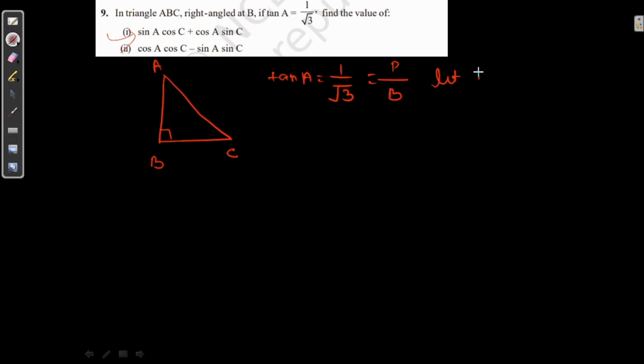So we can let perpendicular is 1 and base is root 3. Meaning for angle A, this is angle A. This side is perpendicular, so it is 1, and this is going to be the base. We have to find the AC. By Pythagoras theorem, h square is equal to p square plus b square. H we don't know. P is actually 1 here.